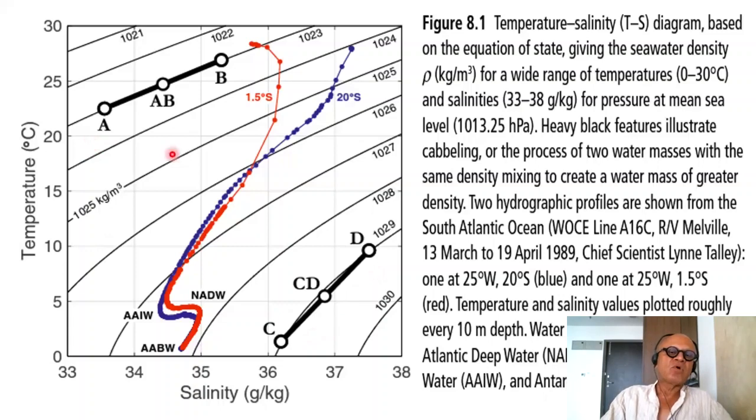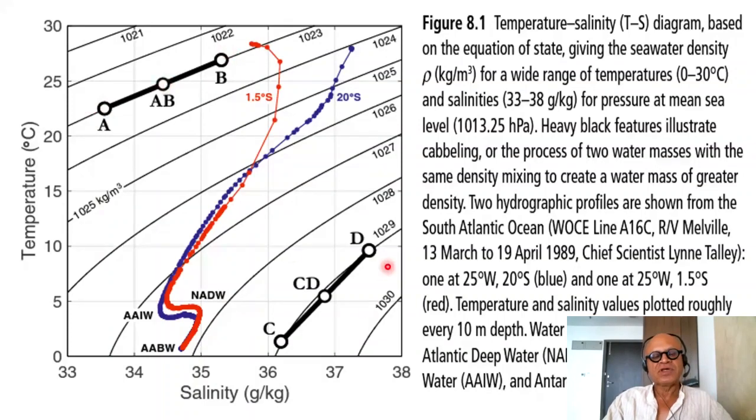But something more amazing happens. If you take two water masses A and B on this density line 1023 and mix them, the combined density of the average temperature and average salinity resulting from the two water masses, which are giving you 1023 at different combinations of temperature and salinity, remains almost the same.